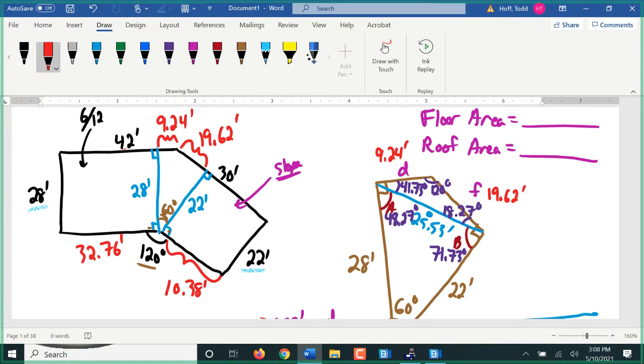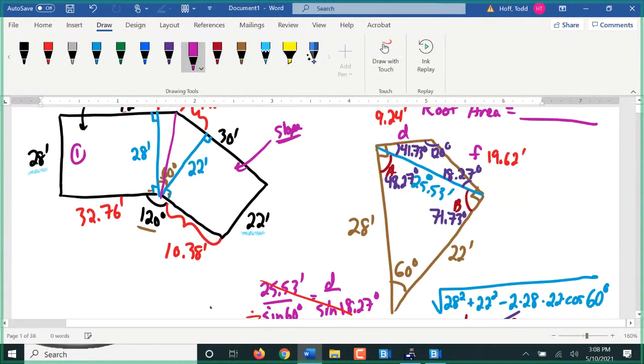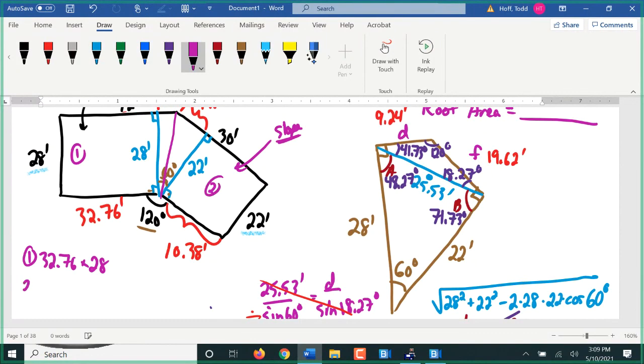Now we can find our areas here rather easily. Find area, I'm going to go back and cut this across here. My first piece here. Second piece here is 10.38 times 22.